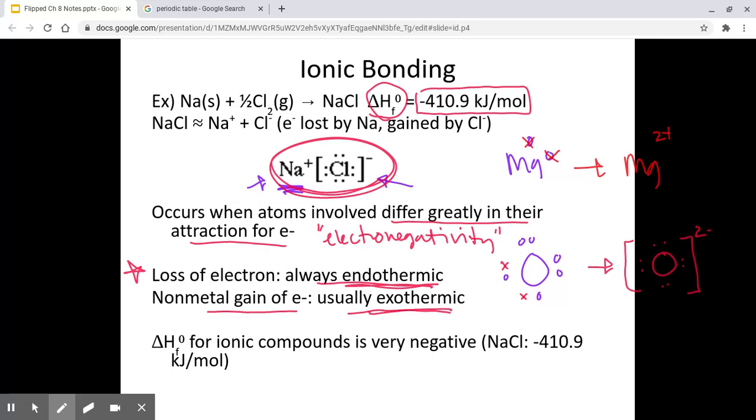Usually the system is going to become more stable by that gain of electrons. And so it's going to give off that extra potential energy as heat usually. And that's an exothermic process. So whenever you look at the enthalpy of formation for ionic compounds, the enthalpy of formation is always going to be pretty negative.